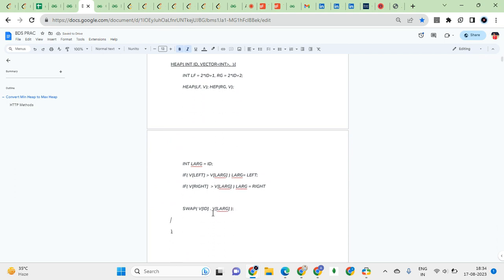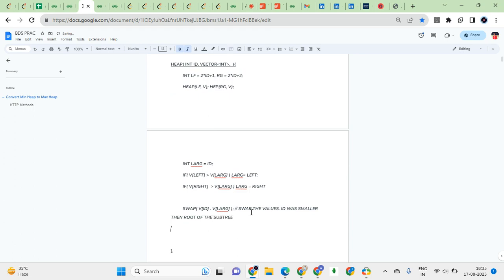Now if that part is sorted, largest is still that index, right? You swap the values, but id was smaller than the root of the subtree.